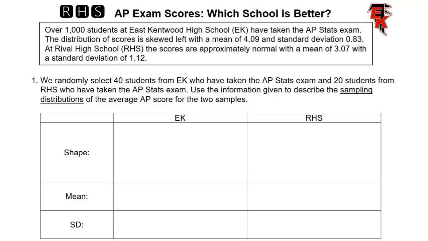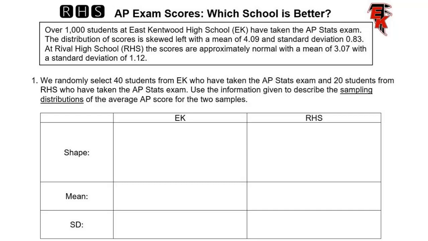All right. Over 1,000 students at East Kentwood High School, EK, have taken the AP Statistics exam. The distribution of scores is skewed left with a mean of 4.09 and a standard deviation of 0.83.